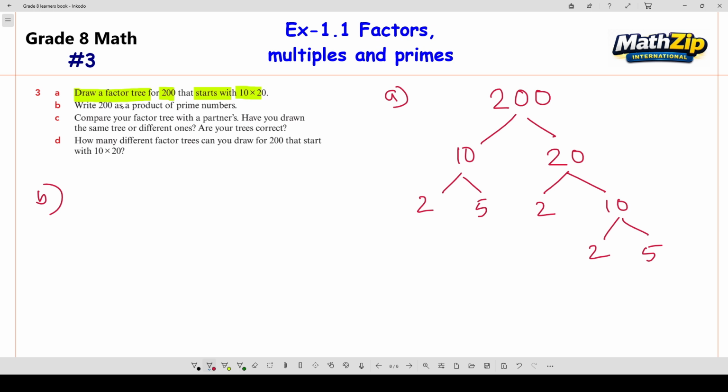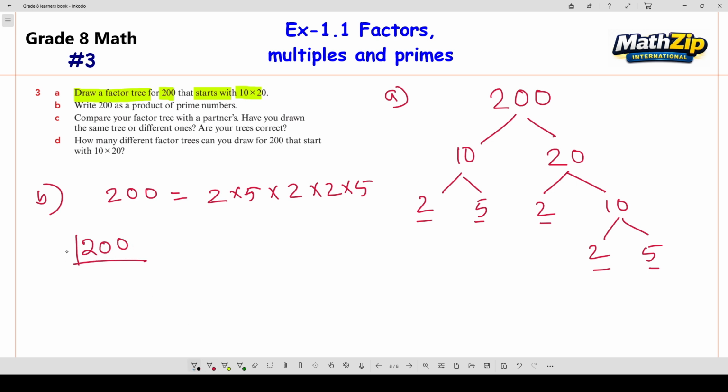Number B, write 200 as a product of prime factors. So for prime factorization we can take all endpoints, right? So it will be 2 times 5 times 2 times 2 times 5. Or if anybody wants, they also can write this way.